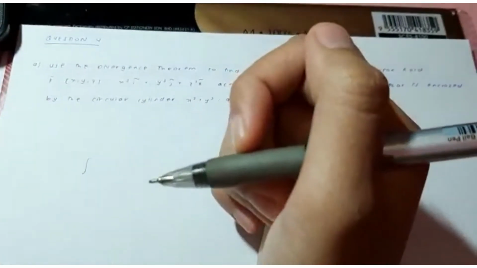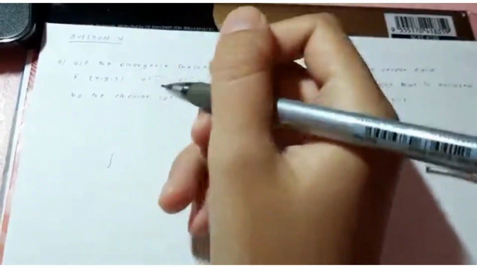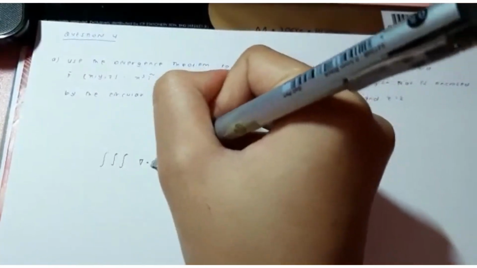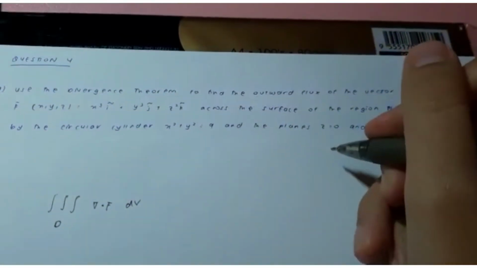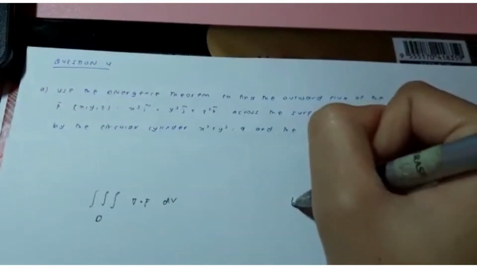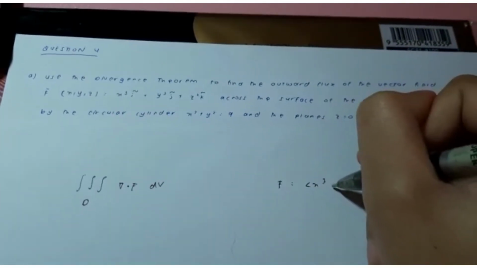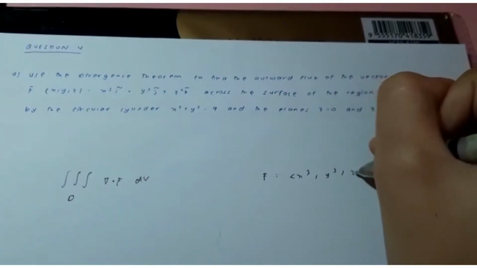So to find flux by using divergence theorem, we can use this formula: triple integral divergence of F dV in region D. So we have given F equals to x cube, y cube, z square.